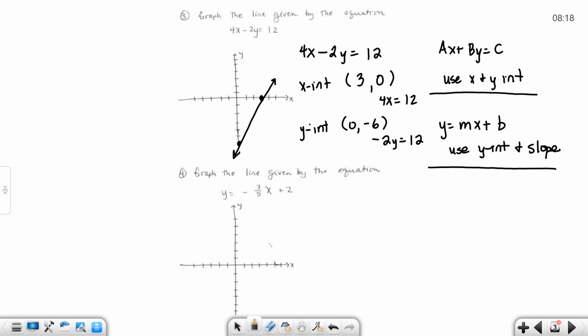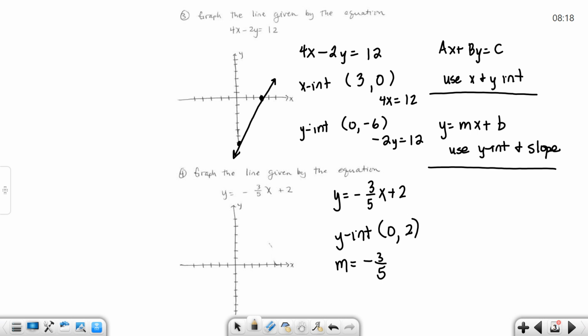Number 4, it looks like y equals mx plus b. So, easy things to find are the y-intercept by plugging 0 in for x. The x term disappears when we plug in 0, and y is 2. And then our slope is that negative 3/5.